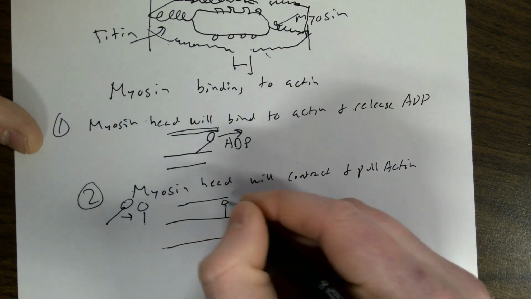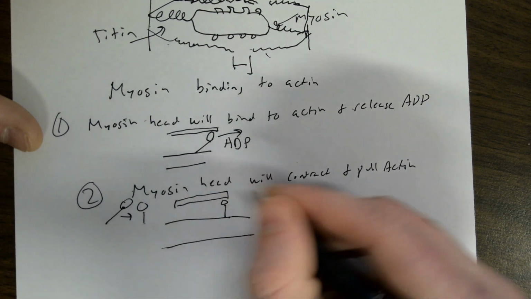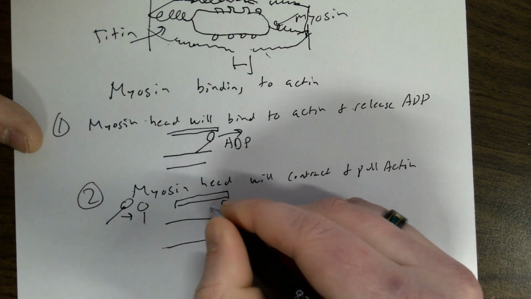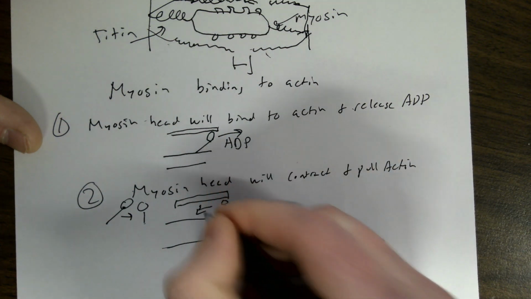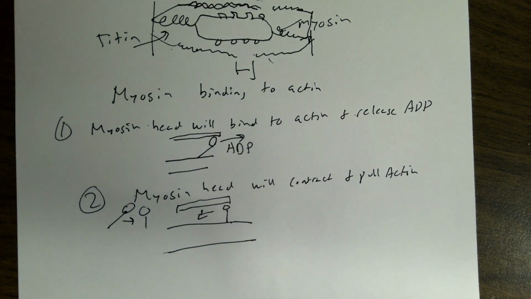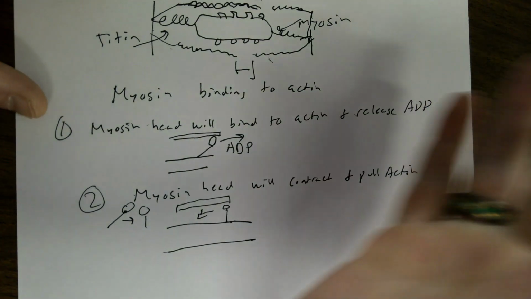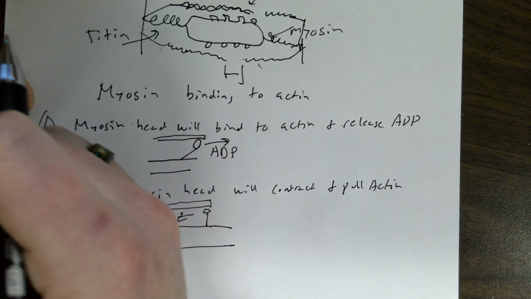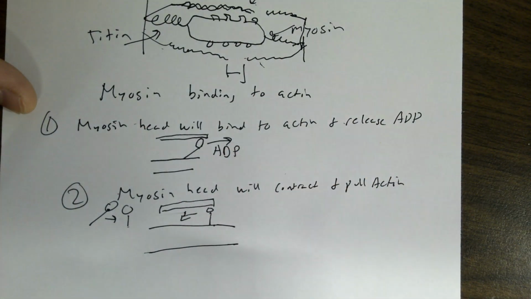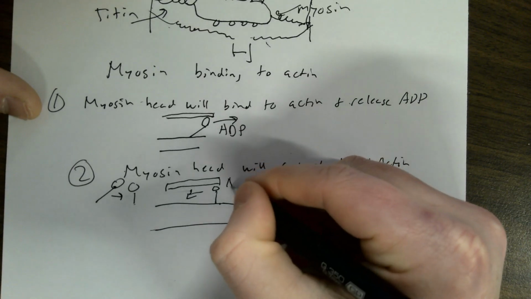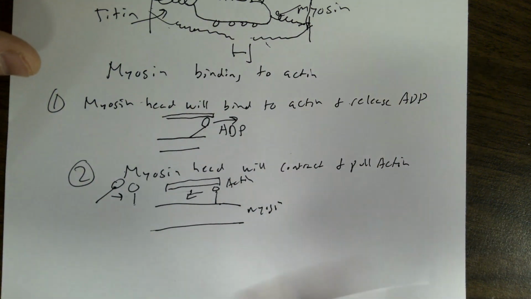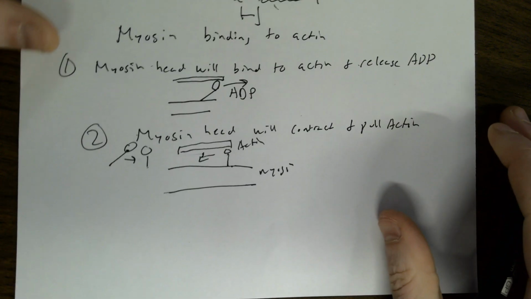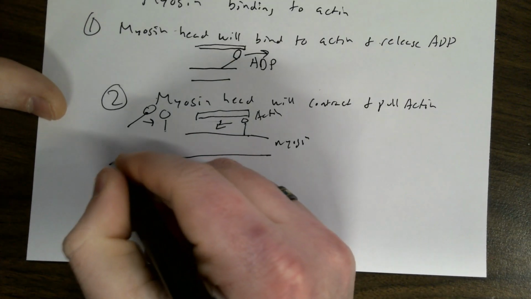And then you can see the actin has now moved that way. It's like you grabbed on and you pulled like that, and so you pulled the actin that way. This is actin, this is myosin. So it's changed conformation, the shape, the way it's pointing.